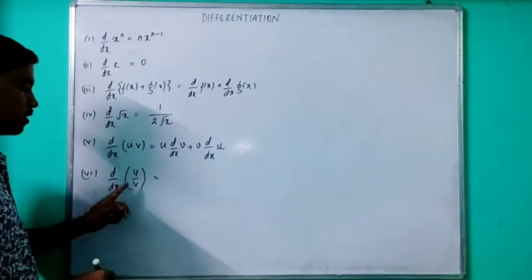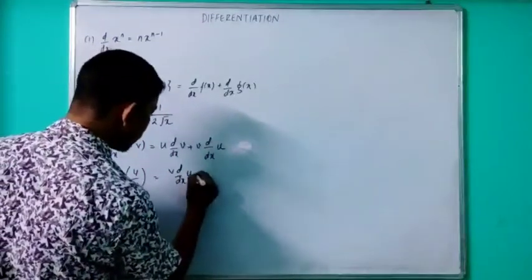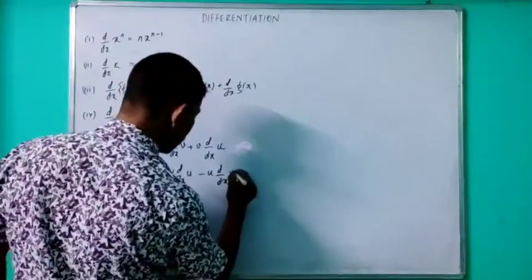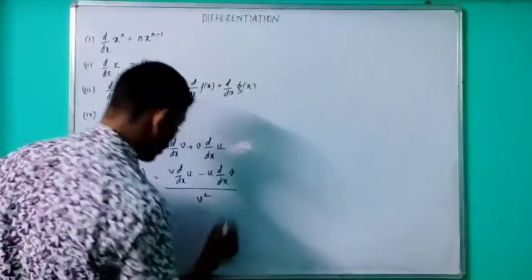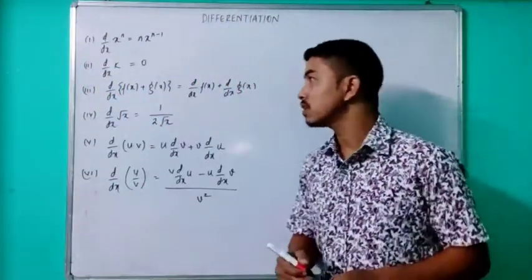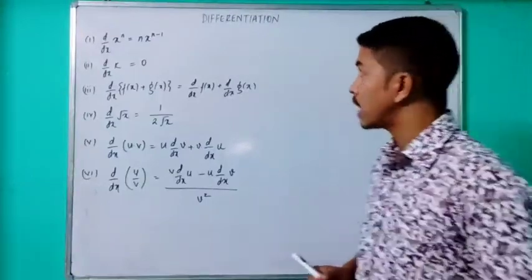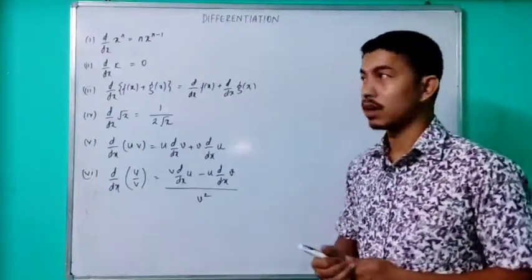We start with the denominator. So it is the denominator into derivative of numerator minus the numerator into d by dx of denominator, divided by the denominator square, that is v square. Okay, so these are some of the very useful basic formulas that you must know to carry out this chapter, the differentiation, in class 12 as well.